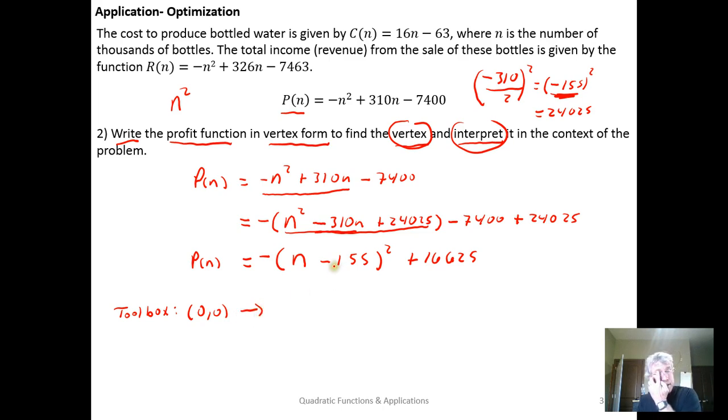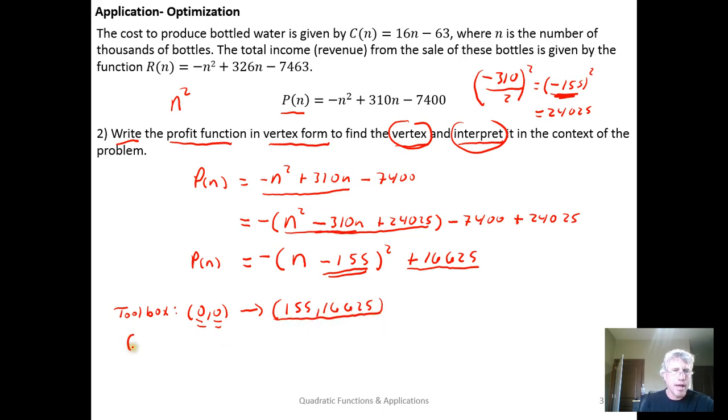We're subtracting 155 from the input variable, so this is going to move the graph 155 units horizontally to the right. So this 0 right here is going to get moved to the right 155 units. And we have a vertical shift of 16,625, so the output 0 is going to get moved up 16,625 units. So this is the vertex of the profit function.